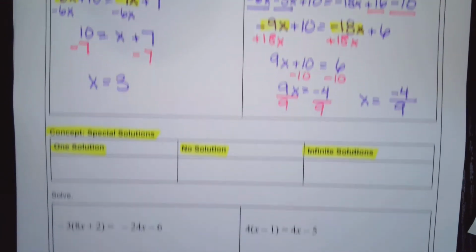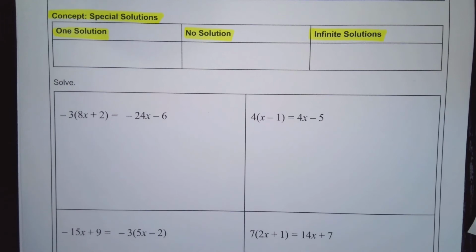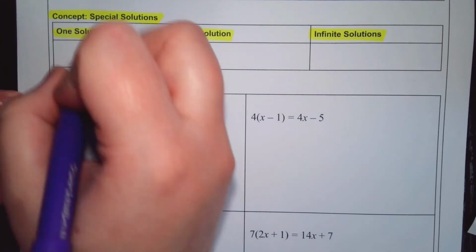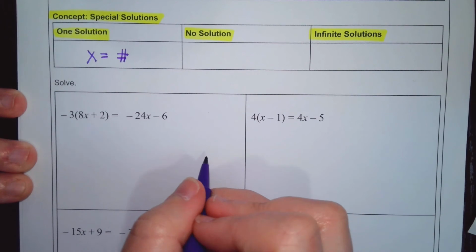All right, our final concept that we need to talk about in this lesson, special solutions. There are 3 types of solutions when we have variables on both sides. One solution, which is just going to be x equals a number.